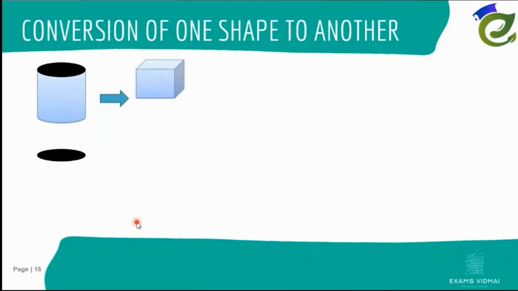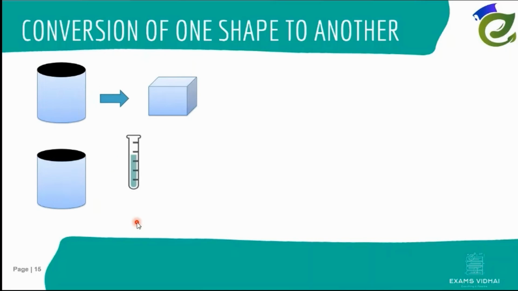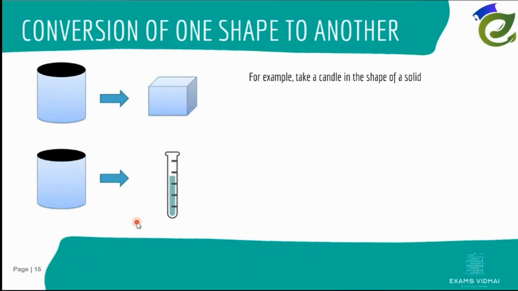So, how does conversion of an object from one shape to another shape take place, and what remains the same and what changes? So let's see. For example, let us take a candle, which is in the shape of a cylinder.